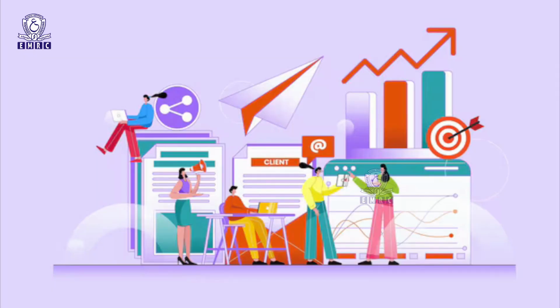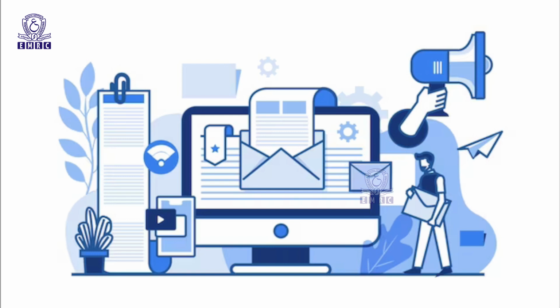Each element must be carefully considered and harmoniously integrated to support the overall objective of the advertisement. Moreover, the design should be adaptable across various platforms, ensuring consistency in the brand's message and visual identity.